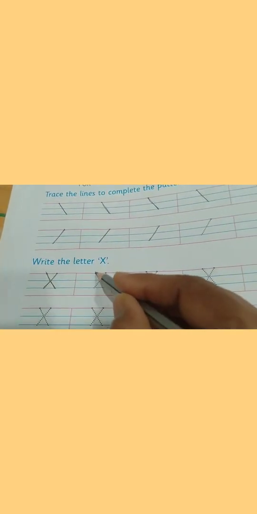See here, what I have shown you in the pattern. First this side, then this side. First slanting line, then this side one slanting line. This is X. How to write X here? Have you understood? After writing X, you say and write.